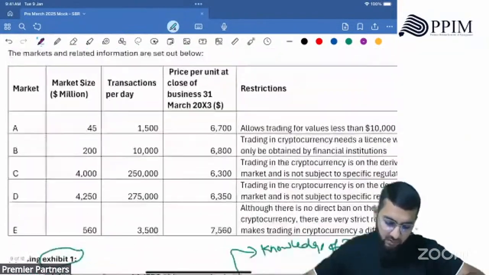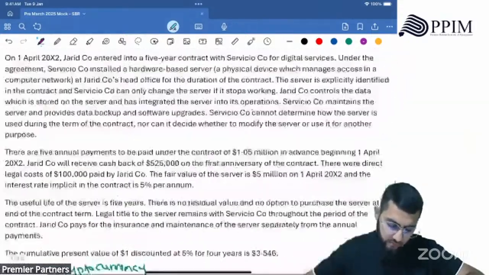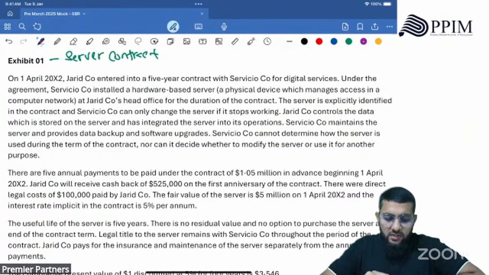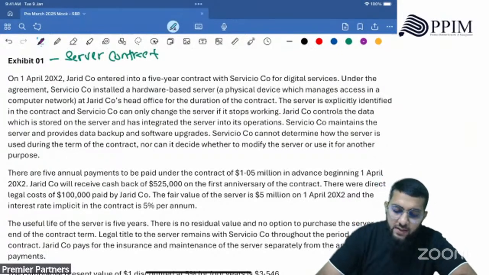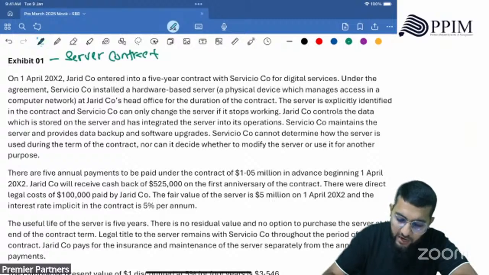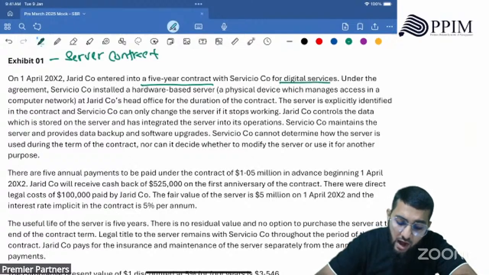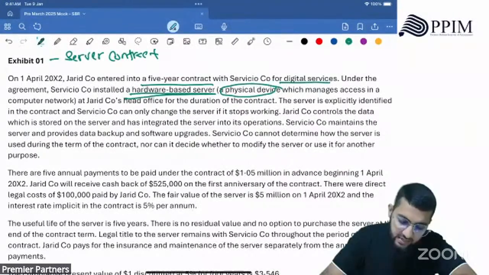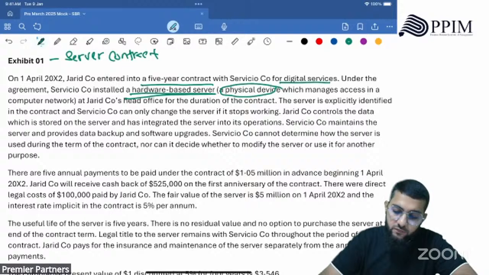Let's go back to the scenario. Let's read that. On 1st of April 2022, Jared Co. entered into a 5-year contract with Servicio Co. for digital services. Under the agreement, Servicio Co. installed a hardware-based server, a physical device which manages access in a computer network, at Jared Co.'s head office for the duration of the contract.